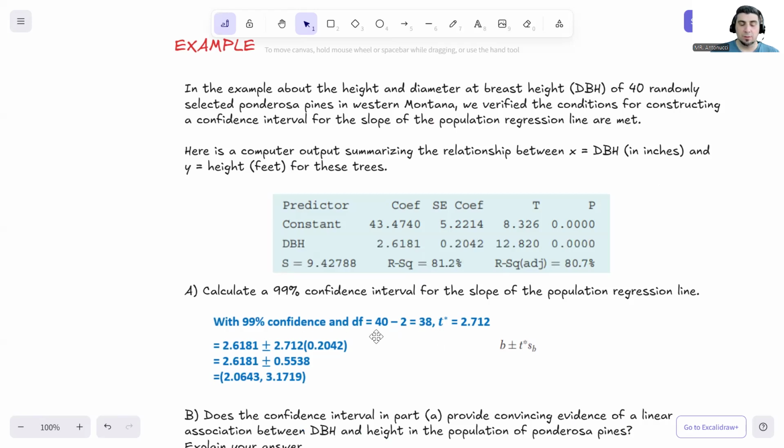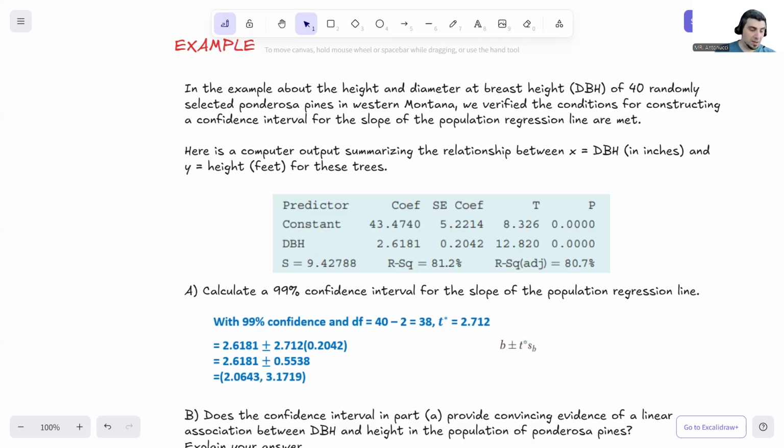And then the formula for the confidence interval would be our slope b, which is 2.6181, we got that from the computer output, plus or minus our t star critical value, which is 2.712. You could use inverse t on the calculator, or you could also use the t table to calculate that in either way.